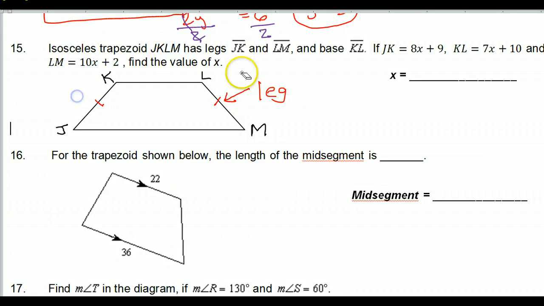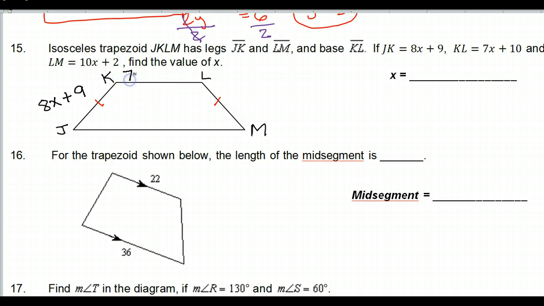Okay, let's get rid of that stuff. Anyway, so JK is 8x plus 9. Okay, so this over here is 8x plus 9. Alright, and what else we have? That was JK. KL is 7x plus 10.